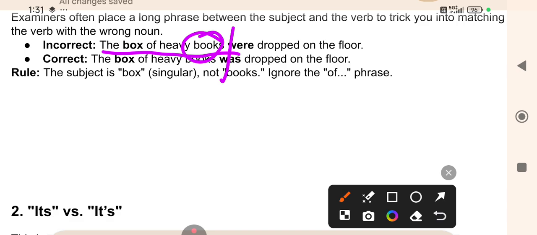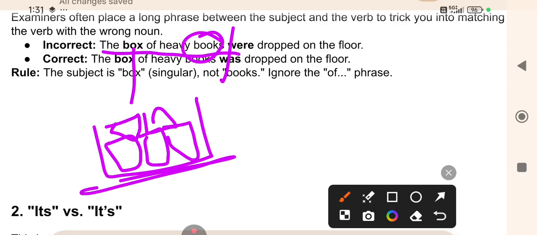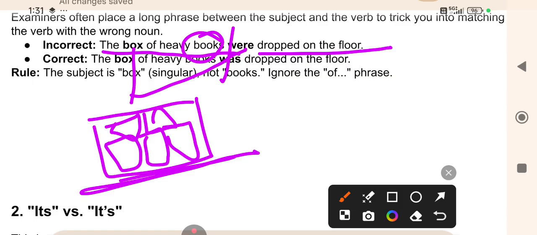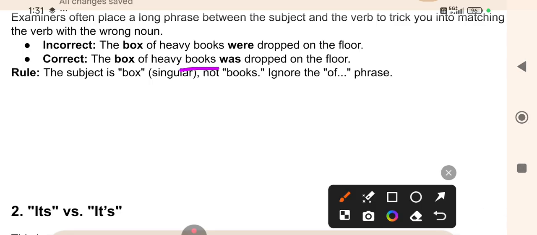Don't get confused with the books. The box of heavy books. But box is singular, right? So correct is: the box of heavy books was dropped on the floor.